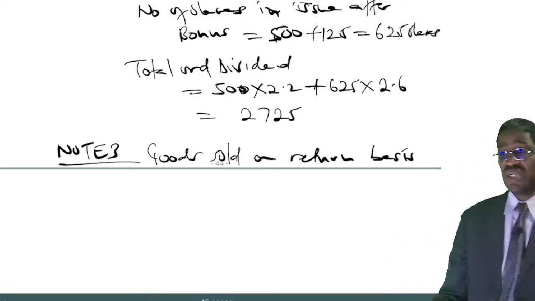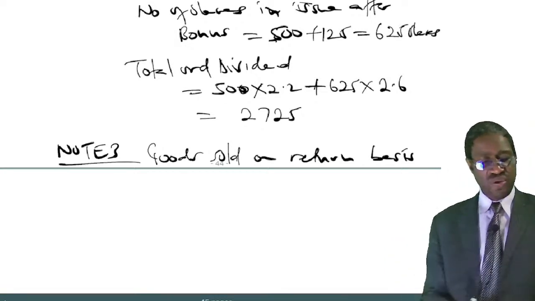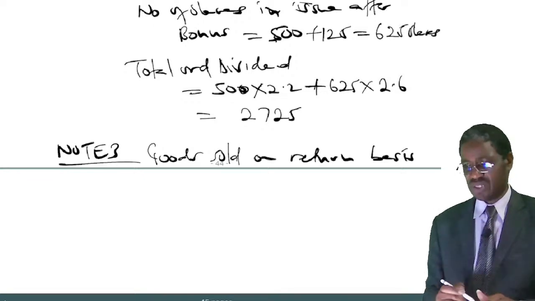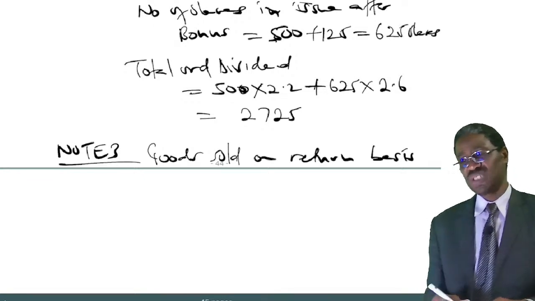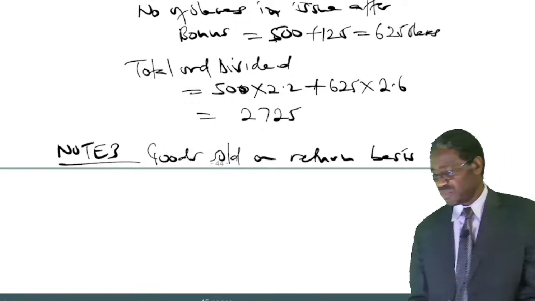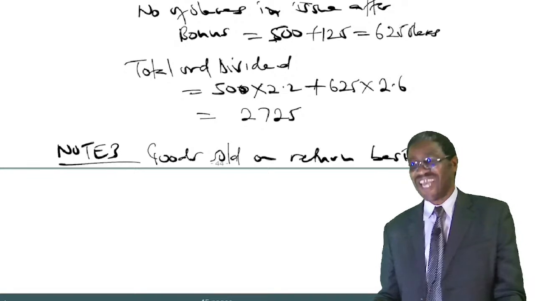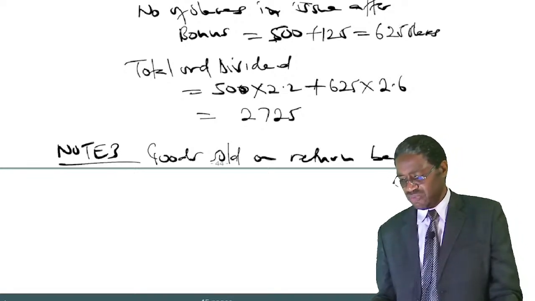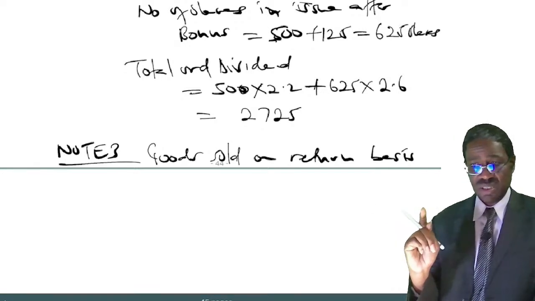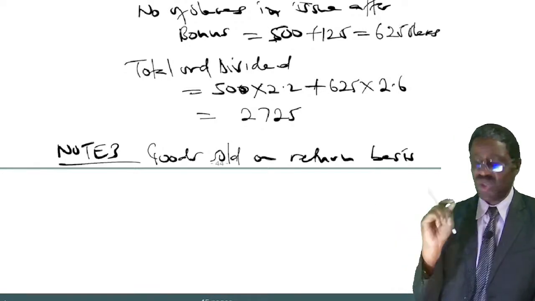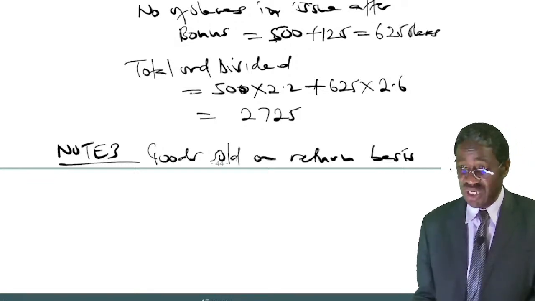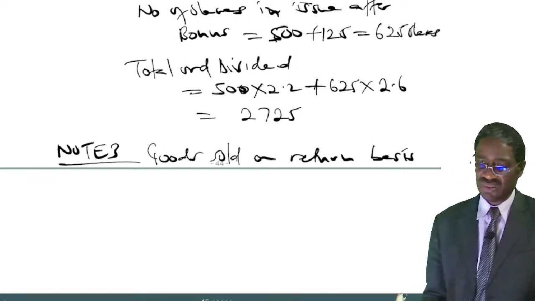Then you can say this below that. First reverse the entry made when the goods were sold.